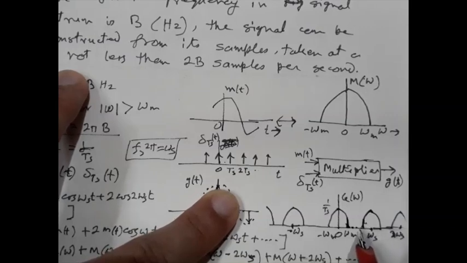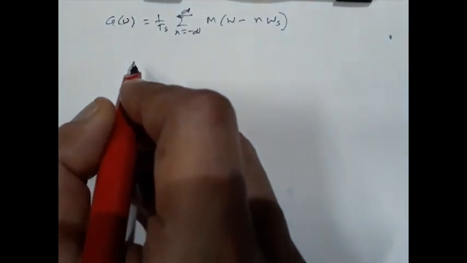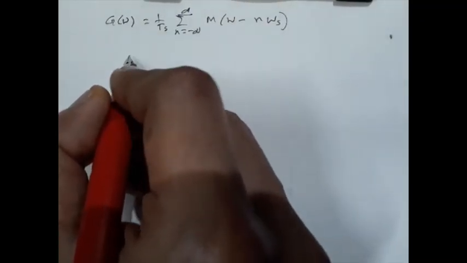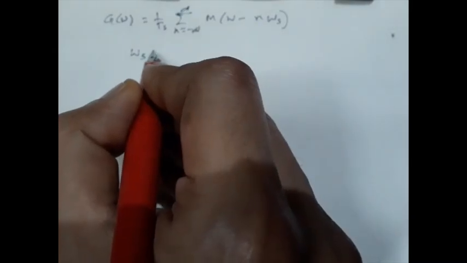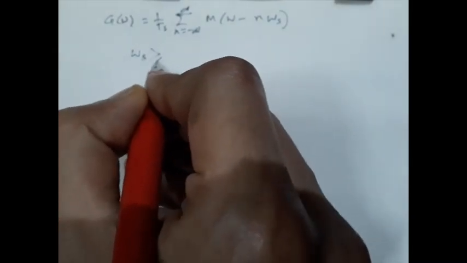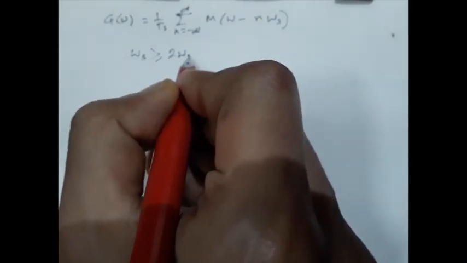If omega s is less than twice omega m, there will be overlap. So the condition for no overlap is omega s greater than or equal to twice omega m.